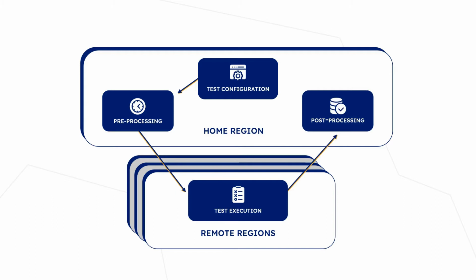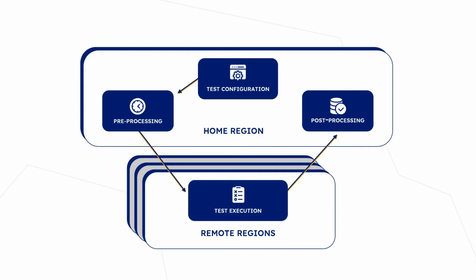Before we go on, let me address home and remote regions real quick. When you deploy Seymour, you select your main AWS region in which to set up the infrastructure. And that's what we are referring to here as the home region. And it, in fact, holds most of the infrastructure. Everything needed to power the UI, the backend server, as well as everything for the test configuration, pre-processing, and post-processing phases.